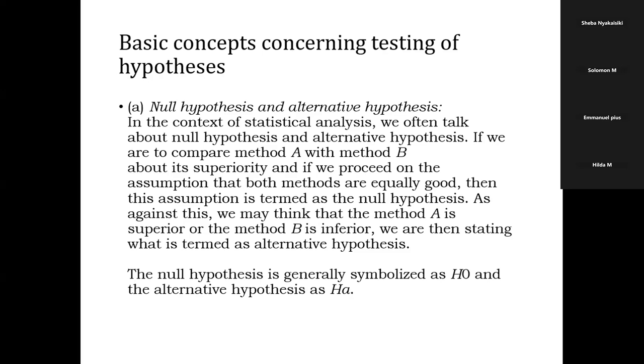That's a null hypothesis. But it, however, needs to be proved. Is it true they are both equally good? Let me give you another example. We say, both male and female students are equally good in the field of ICT.